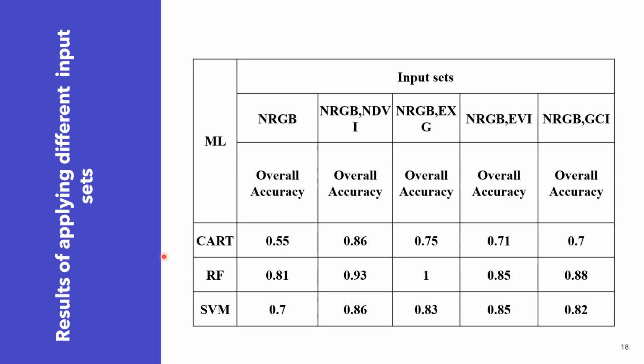A random forest with the input set of near infrared, RGB, and EXG was the most accurate, and in total random forest for each combination of input set was the most accurate, as you can see here, compared to the other machine learning.